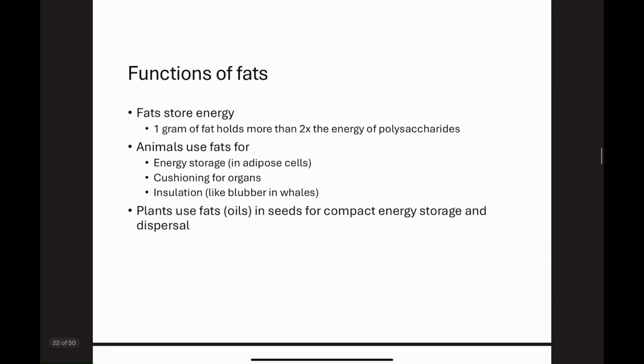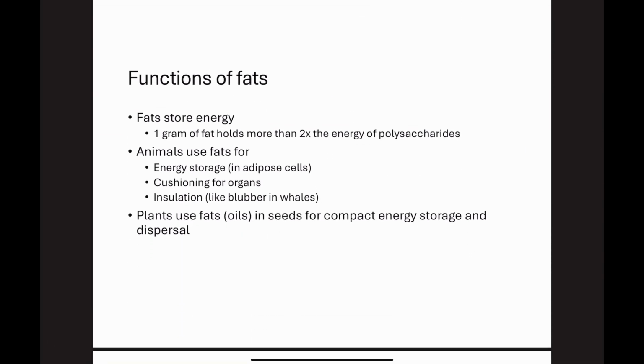So fats have a lot of different functions, but their primary function is energy storage. So fats store energy. And fats, they actually hold 2 times the energy of a polysaccharide like starch.